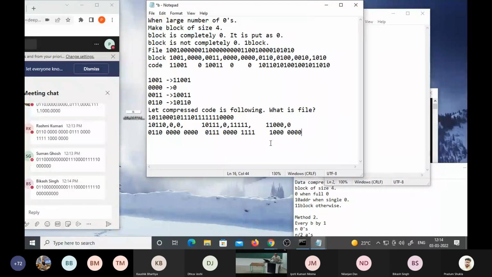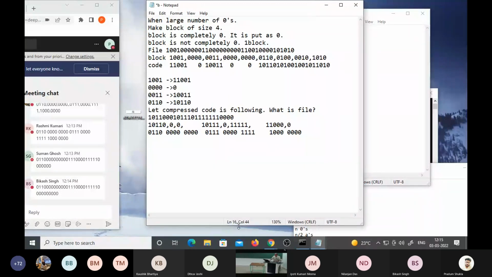Have you understood this? Or any doubt? Ask doubt.